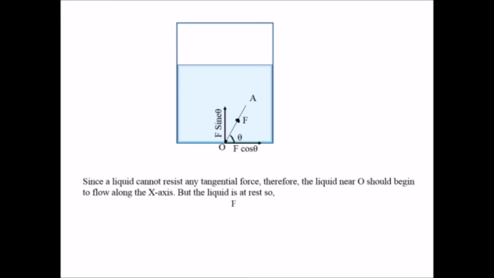So we can say that F cos theta is equal to 0. But the force can never be 0. So here we will consider that cos theta is 0. So the cos theta is 0, it means theta is inclined at an angle of 90 degrees, which means normal to the surface. So this proves that the force anywhere in the container will be normal to the surface.